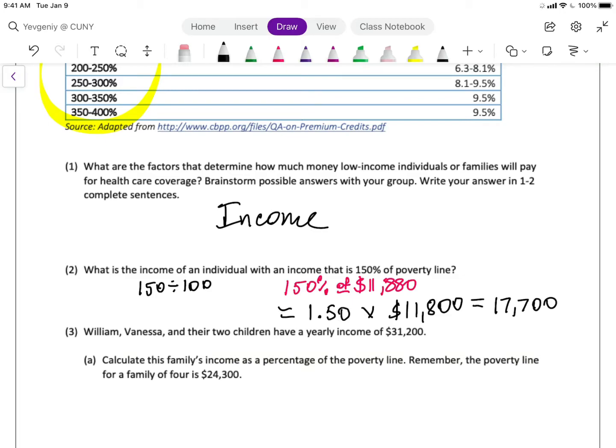All right, so now, can I ask you to do another way to calculate 150% of that amount instead of multiplying by 11,880? Is there any other logical way to do that calculation? Would you please share? If you don't have a method, just say, I can't think of anything.